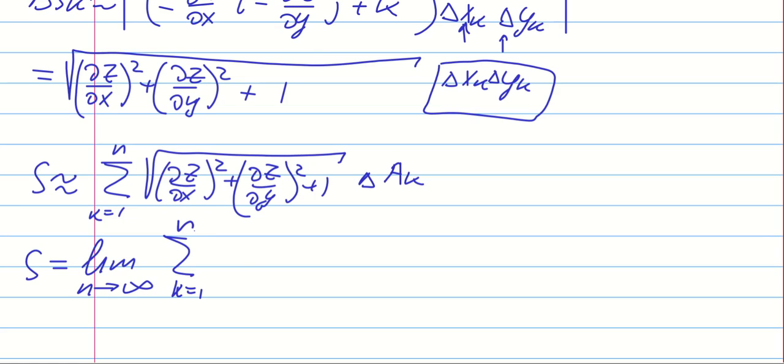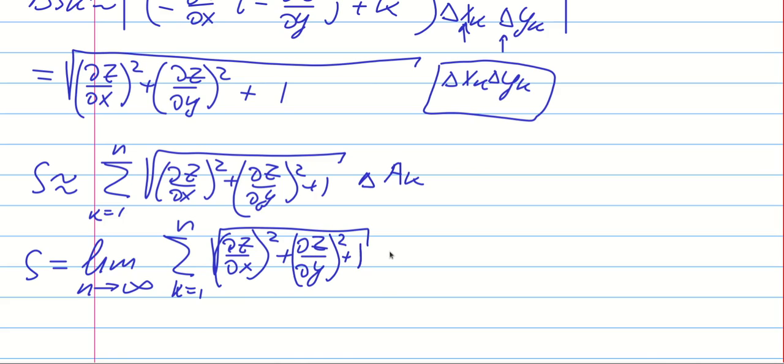N goes to infinity of the sum when k goes from 1 through n of the square root of partial of z with respect to x squared plus partial of z with respect to y squared plus 1 times delta A sub k.